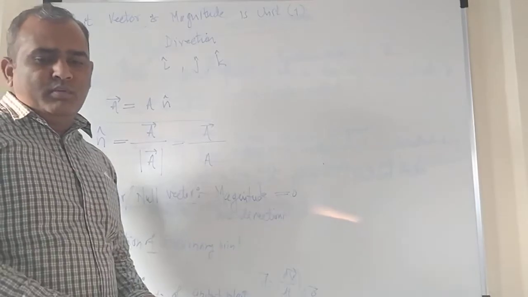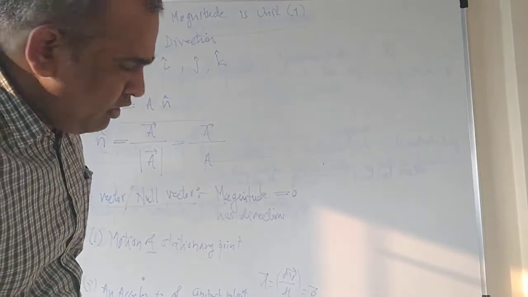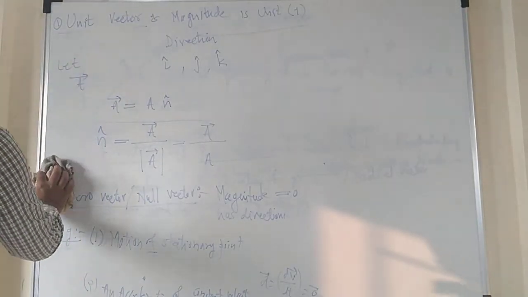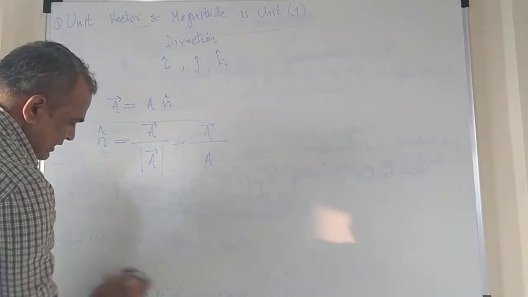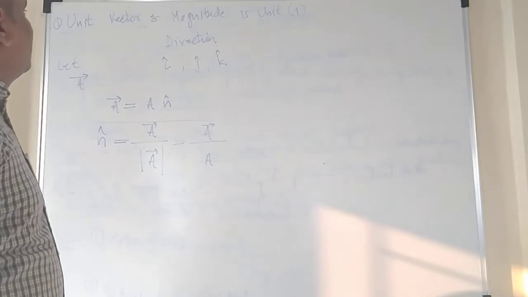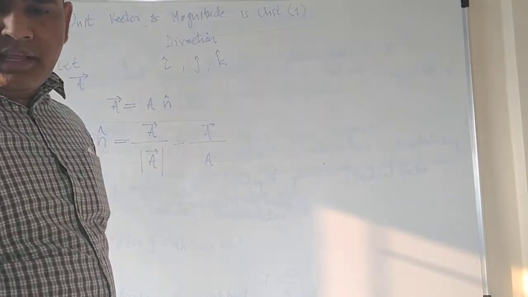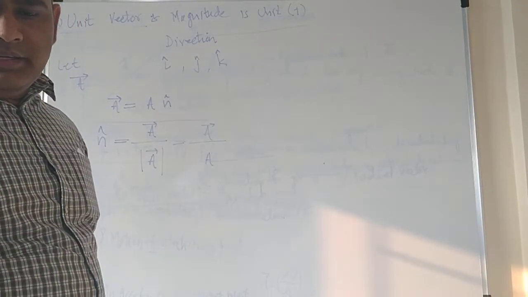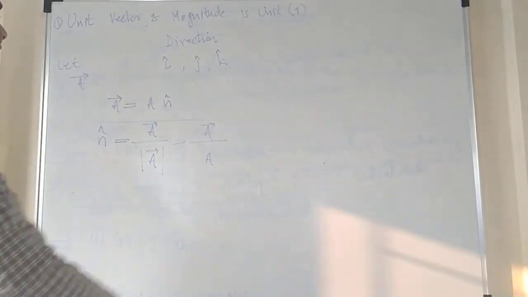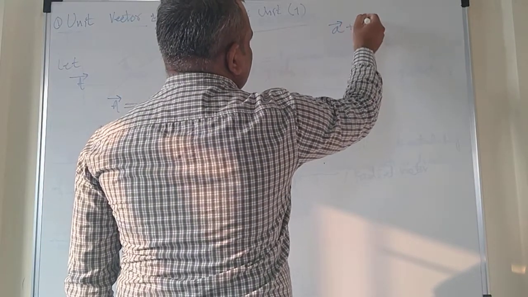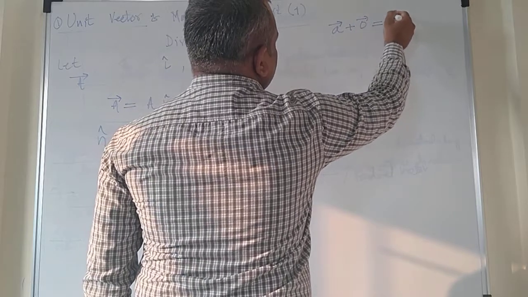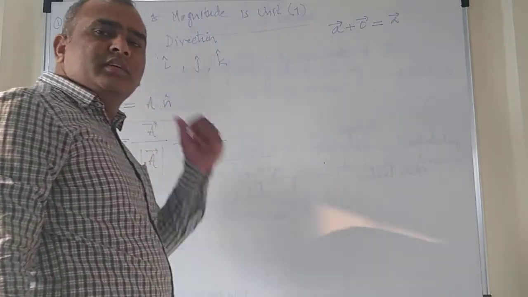Hope you have understood these both examples for zero vector and null vector as well as unit vector. Now let's go for the next definition of the vector, and the next definition is equal vectors. But before that, if you add any vector with a zero vector, you will get the vector itself.